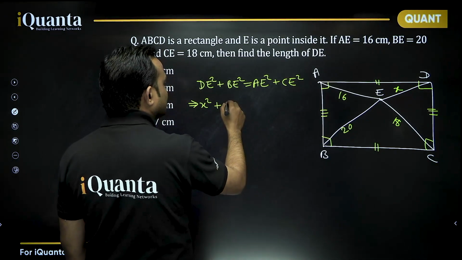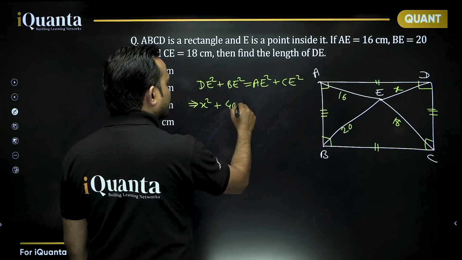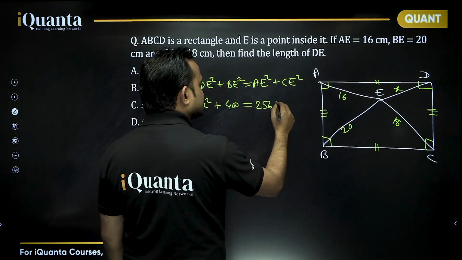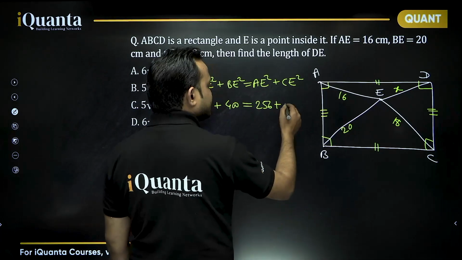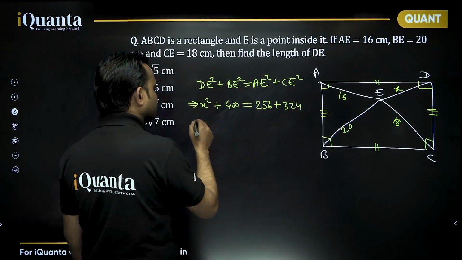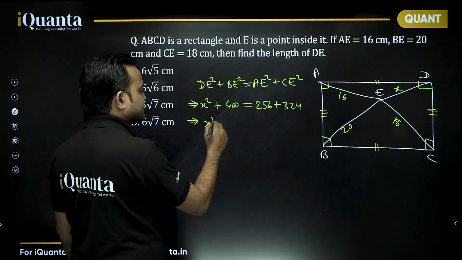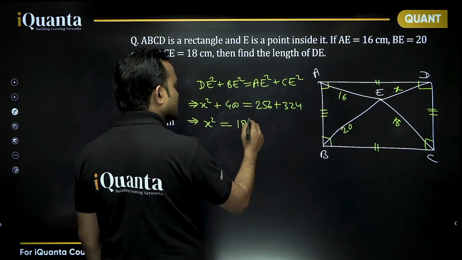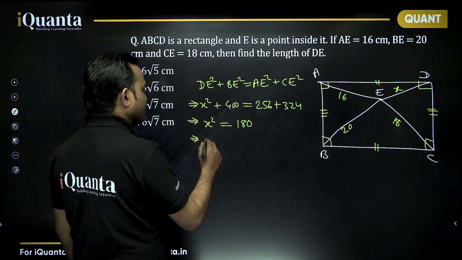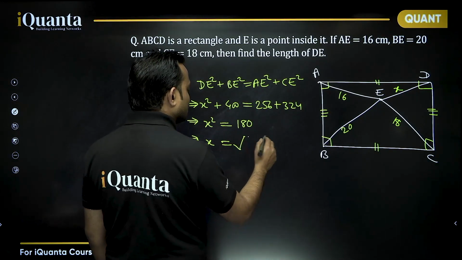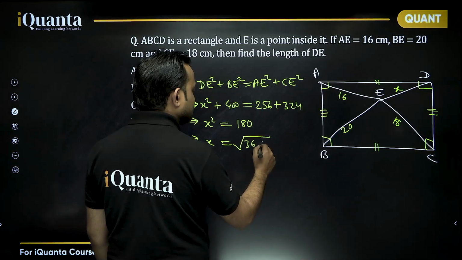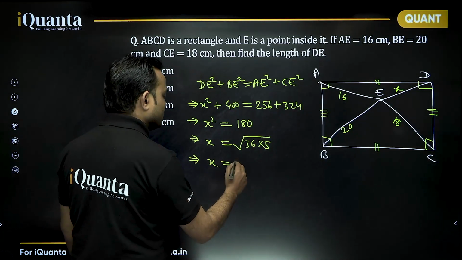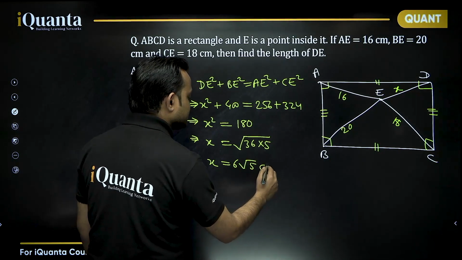BE is nothing but 20, so it will be 400, is equal to AE, which is 16, so 256, plus CE, which is 18. 18 square is 324. So we can say X square will be equal to 580 minus 400, which is 180. Or we can say X will be equal to the square root of 180, which can be written as 36 into 5. So X will be equal to 6 root 5 centimeters.